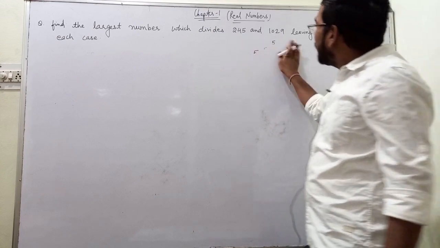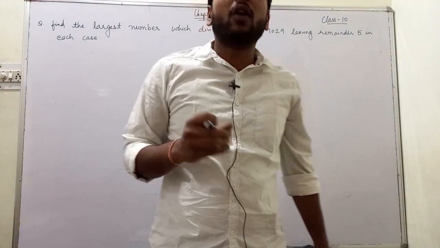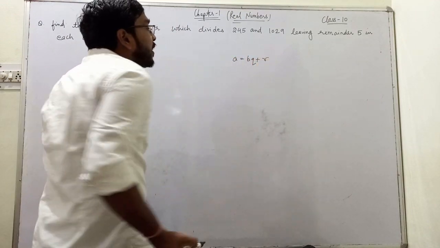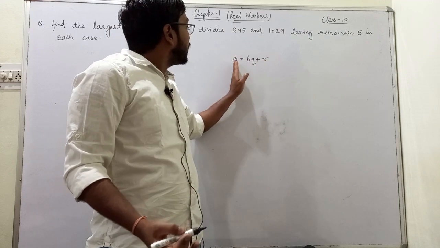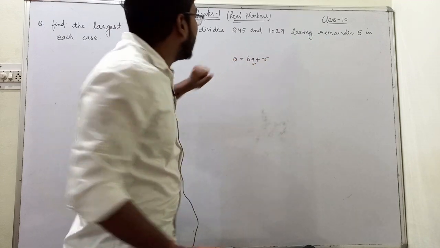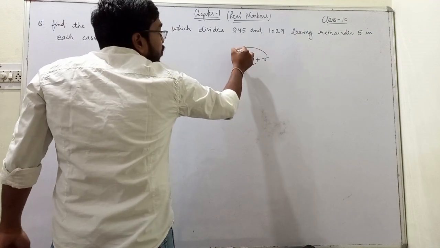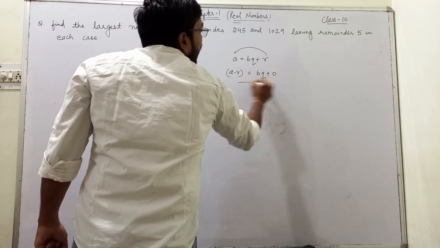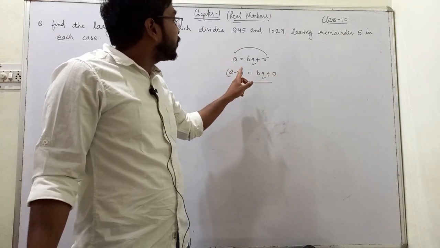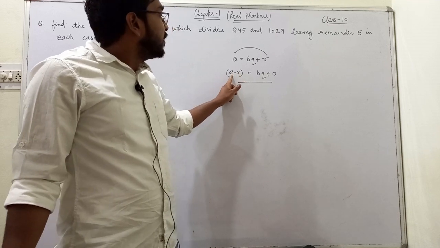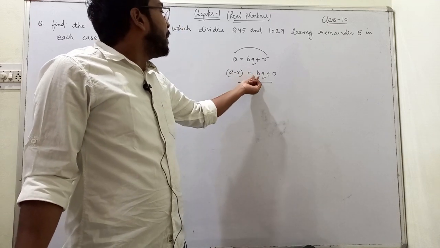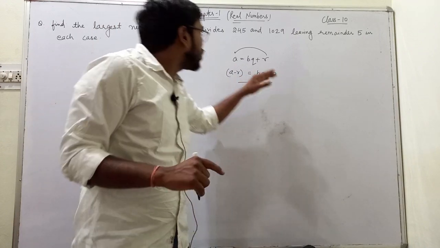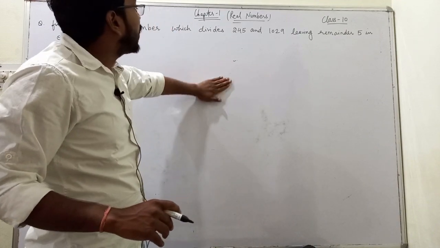By Euclid's division lemma, we can also state that if A equals BQ plus R, if this remainder is 0, then A is divisible by B. I can move this R to the LHS, so I will get A minus R equals BQ plus 0. That means if I subtract the remainder from the dividend, then it is completely divisible by the divisor and the remainder is 0. Okay, so we will use the same concept while solving this problem.